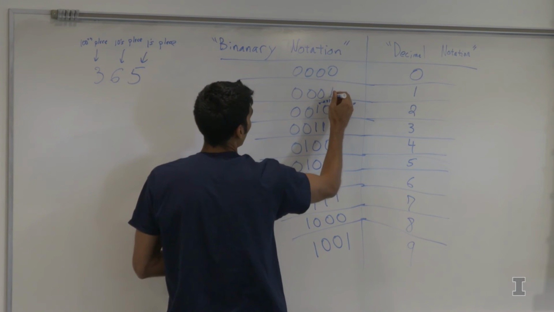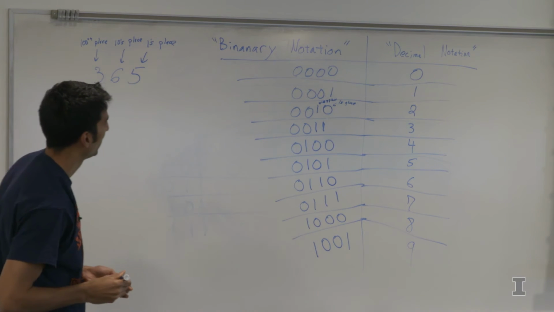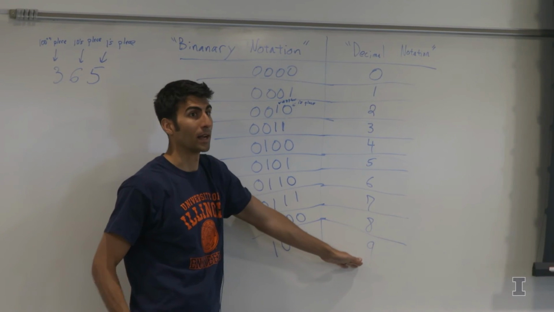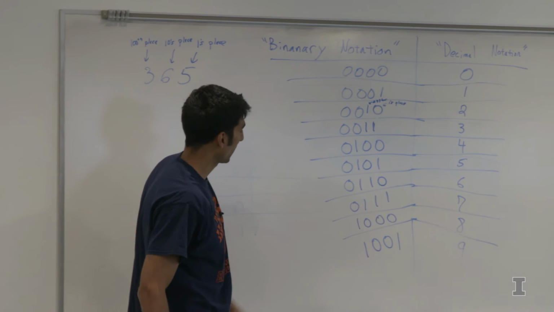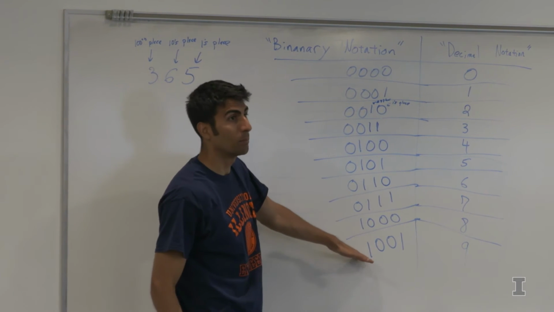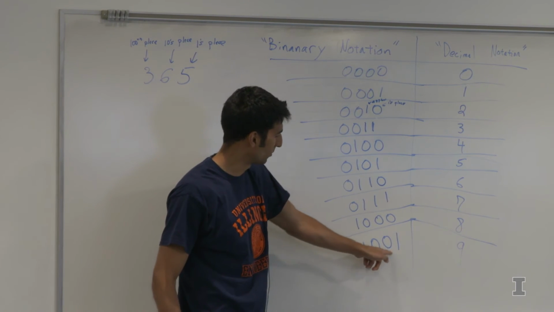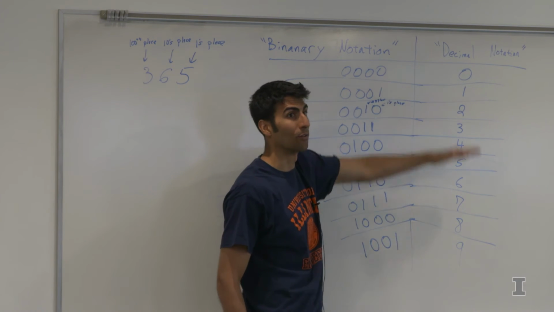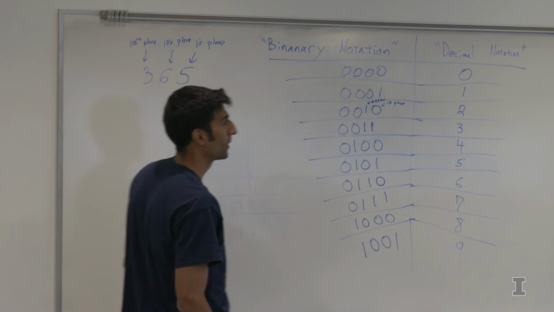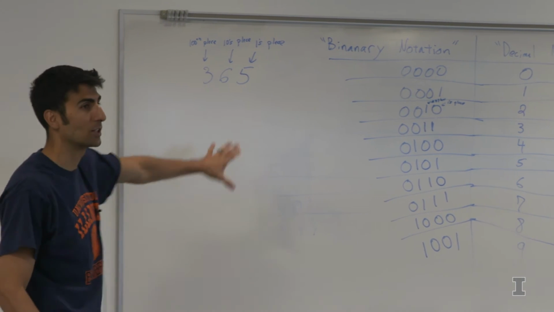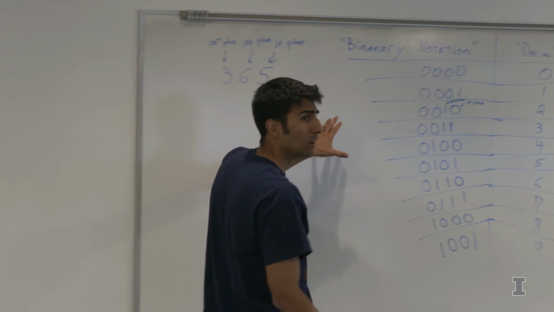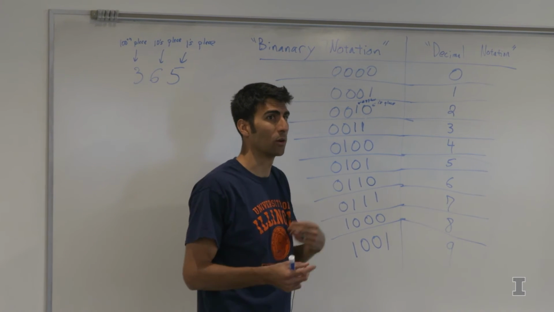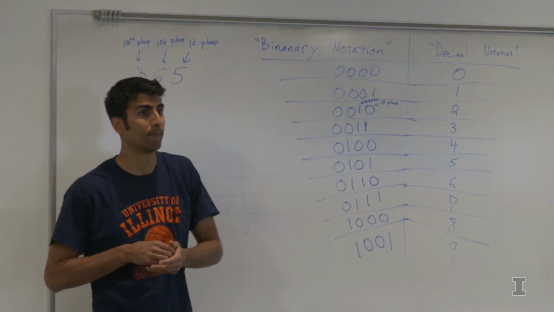Okay, and so now we've written out the binary representation of the decimal numbers 0 through 9. And so we see we need 4 bits. So 1, 2, 3, 4. In total, we need 4 bits to represent the numbers 0 through 9. Any questions on this? I went fast here, but this is just the basic idea of going between binary and decimal.